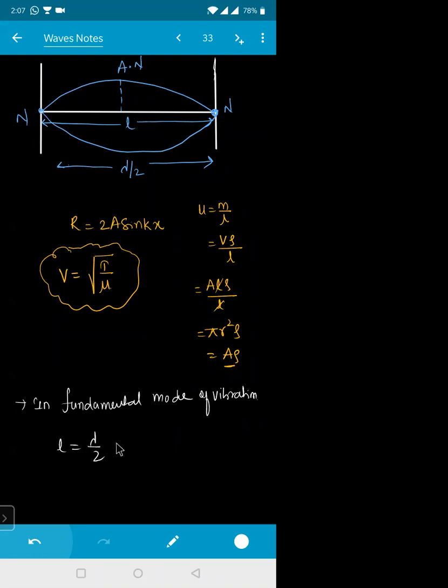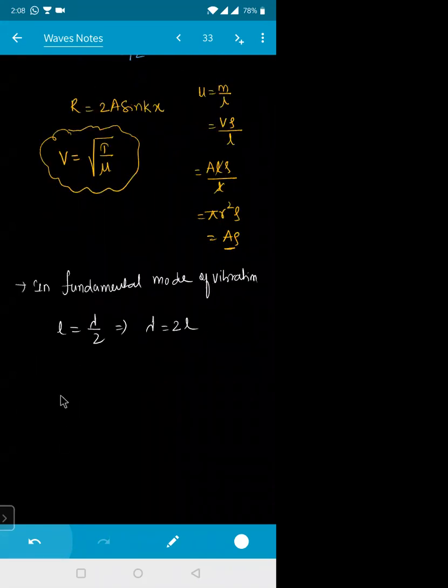From this I will get lambda equal to 2L. So frequency in this one will be equal to how much? N1 is equal to N is equal to V by lambda. V is equal to under root of T by mu, lambda is equal to 2L. That means this will become 1 by 2L under root of T by mu.